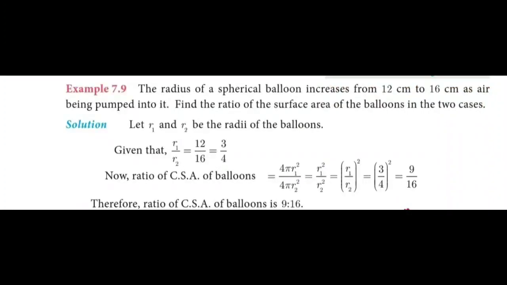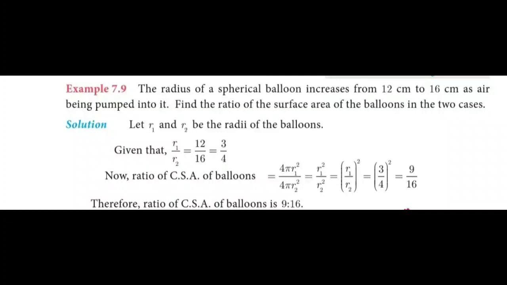Example 7.9. The radius of a spherical balloon increases from 12 cm to 16 cm as air is being pumped into it. Find the ratio of the surface area of the balloons in the two cases.